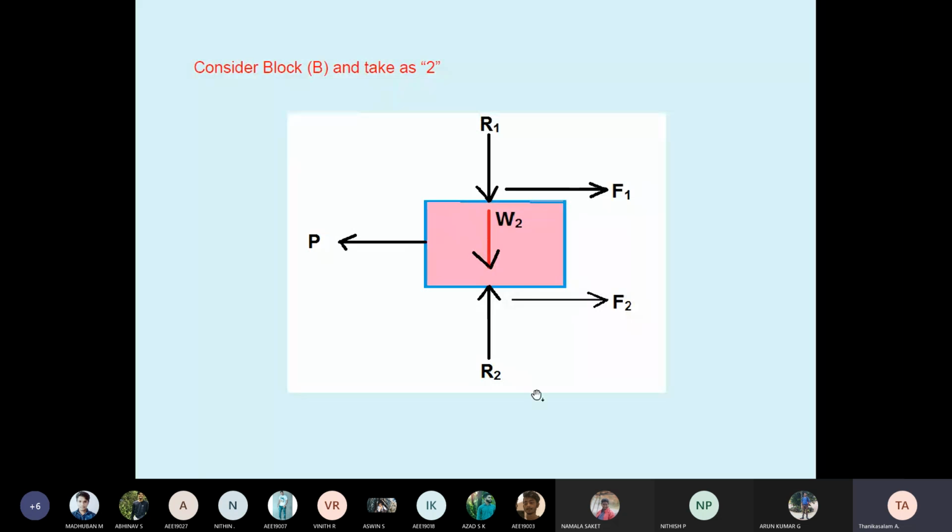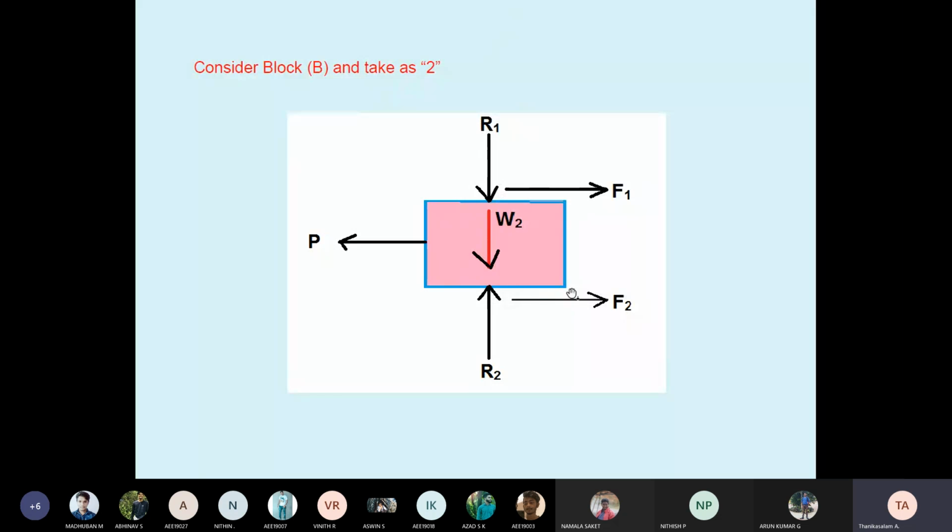When in contact at the bottom, the reaction is upward, R2. Similarly, with the upper contact, the reaction is downward, opposite, R1. That is the reaction of the first body, R1.